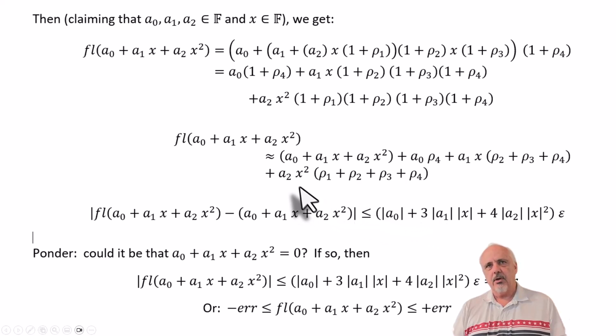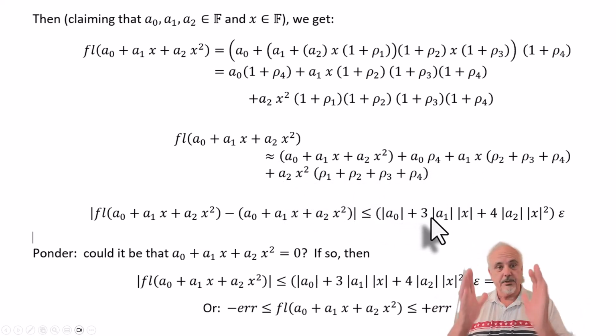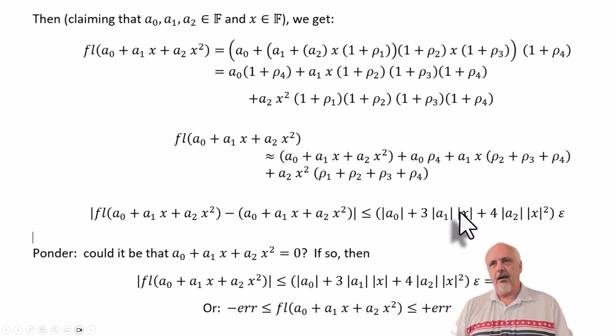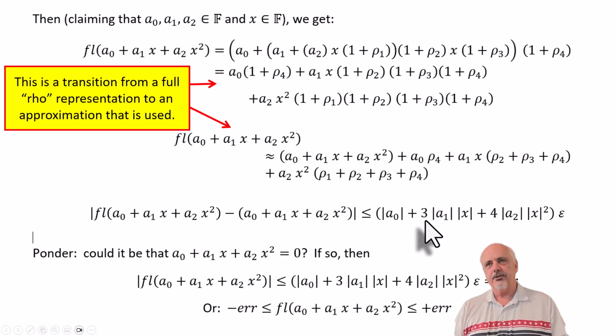And I have to remember that as I take the absolute values and the triangle law just being repeatedly enforced here, I'm going to have everything with absolute values. So I can't forget that. Okay, so this is where this coefficient comes from. That's where that coefficient comes from, and so forth.